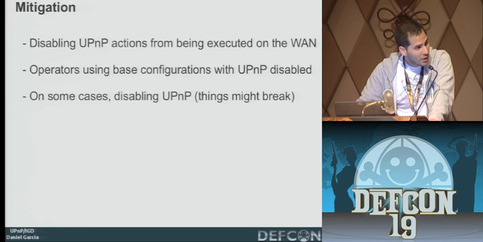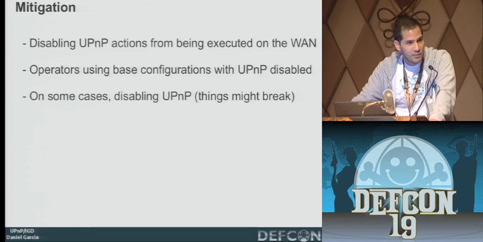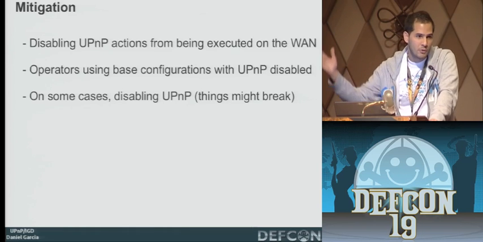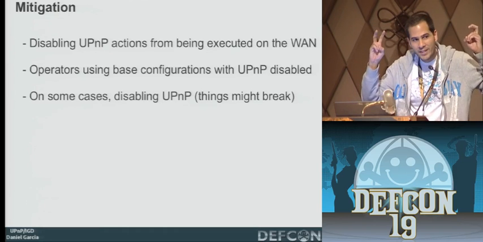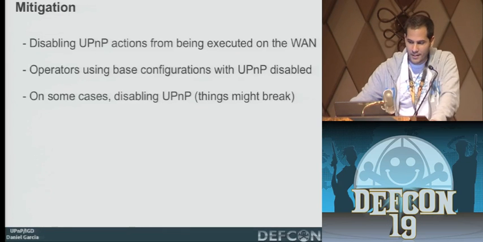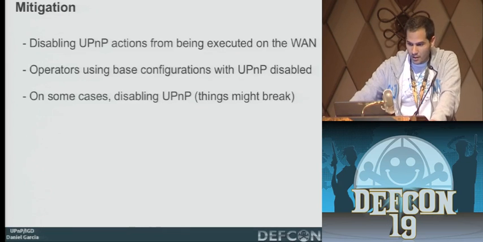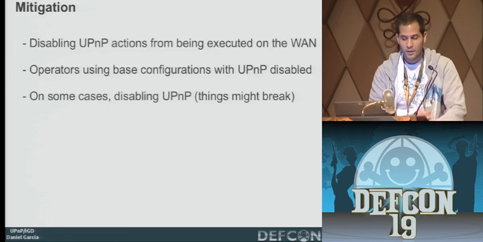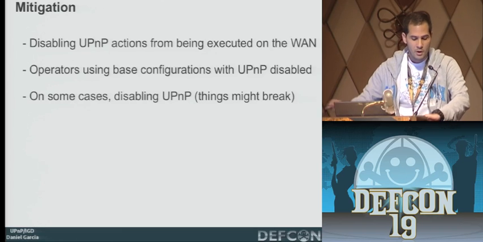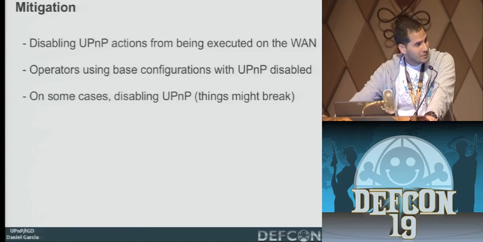Now, this is a big problem because most ISPs just say, that's not my problem. That's a customer's problem. I don't want to, it's an industry problem, which is, yeah, deplorable. And in some cases, if you don't have any other choice, you could just disable UPnP all the way, which is not good.